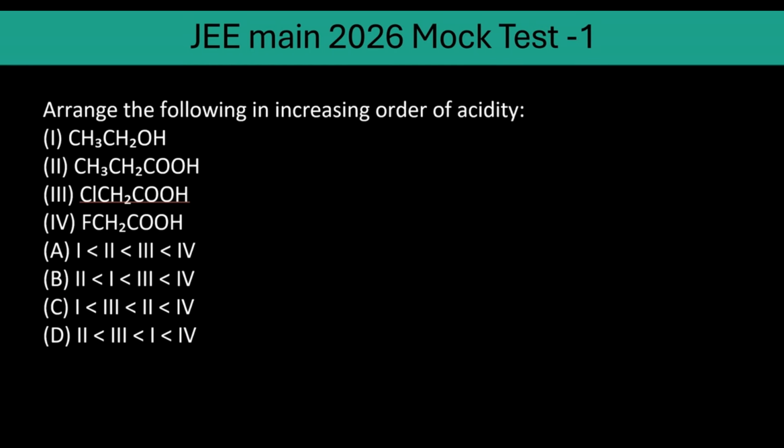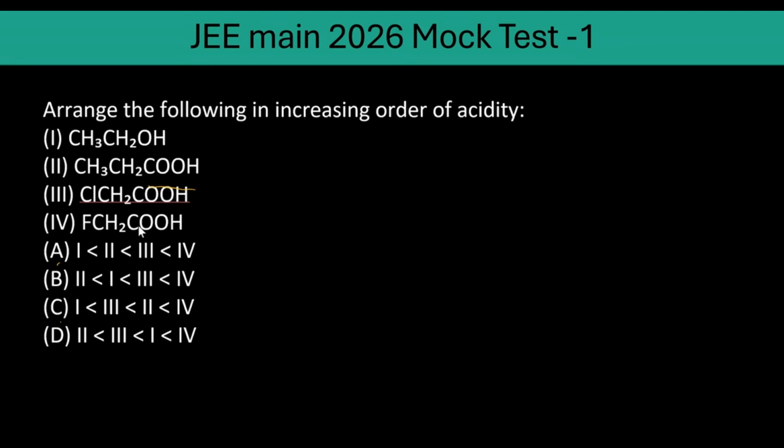Arrange the following in increasing order of acidity. So first one, ethanol, propanoic acid, and chloro-substituted acetic acid, fluoro-substituted acetic acid. Very simple question. Alcohol must be the weakest, so one must be at the top. So A or C is your answer. Then Cl or fluoride, because that is an electron withdrawing group, so it will increase the acidity.